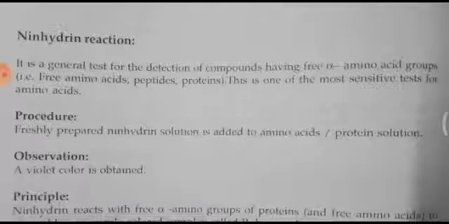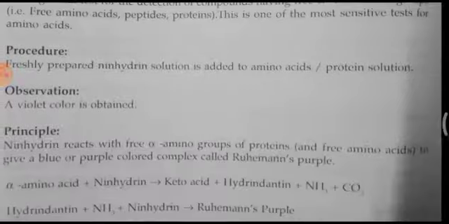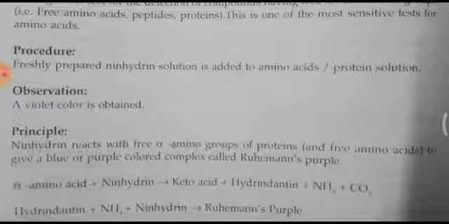If you take egg albumin or some other protein-containing items, then you will get violet color, indicating the presence of amino acids. The principle is given below. Ninhydrin reacts with the free alpha amino group of amino acids and proteins to give a blue or purple colored complex called Ruhemann's purple. The reaction process is given in the illustration, showing how the amino acid reacts with ninhydrin and ending up with Ruhemann's purple.